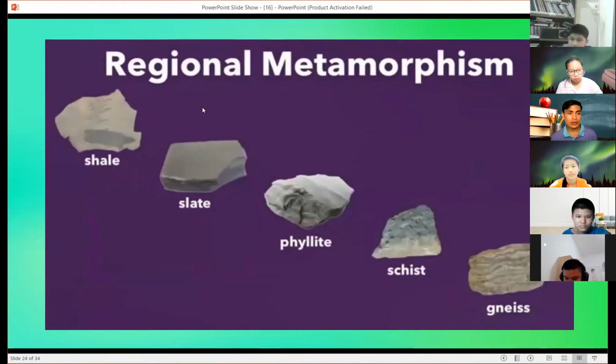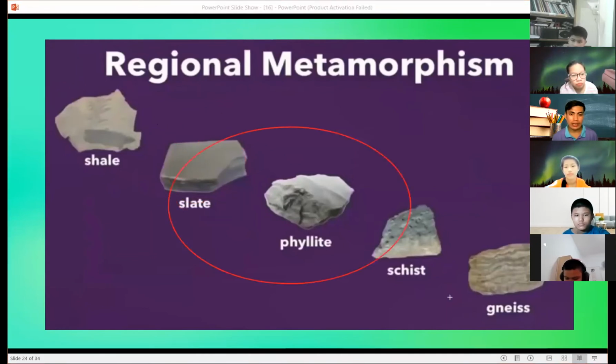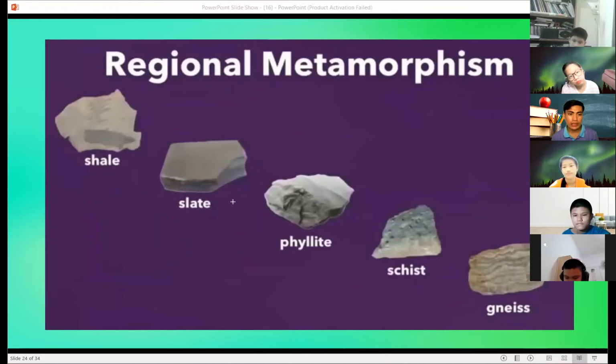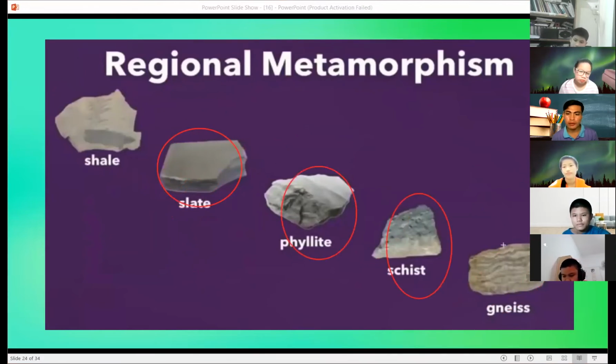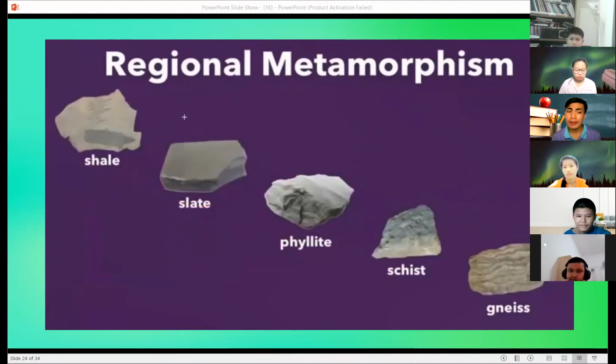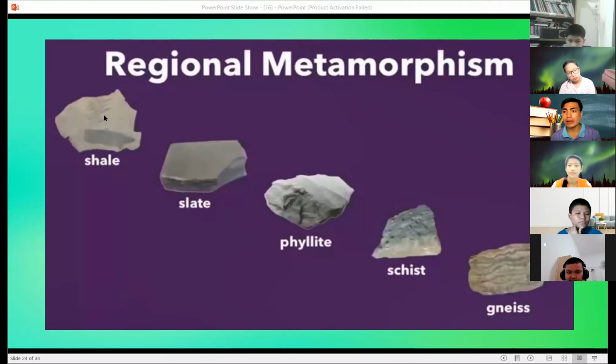All these things here, 1, 2, 3, 4, these rocks are metamorphic rock. The point I am trying to say is that shale is a sedimentary rock. When it is exposed to great heat and pressure, it will become slate.